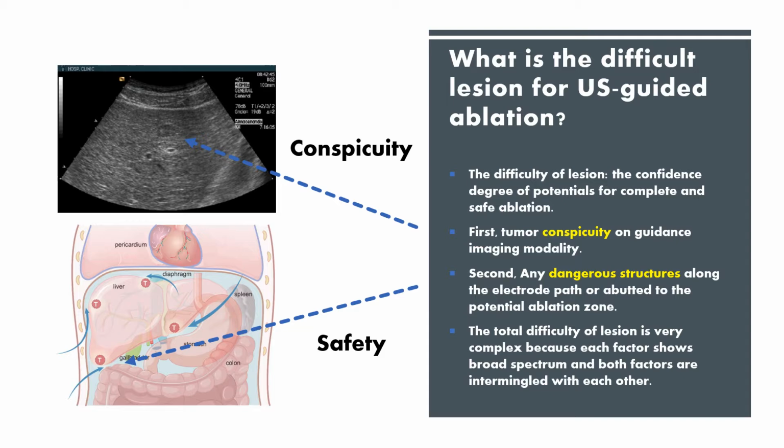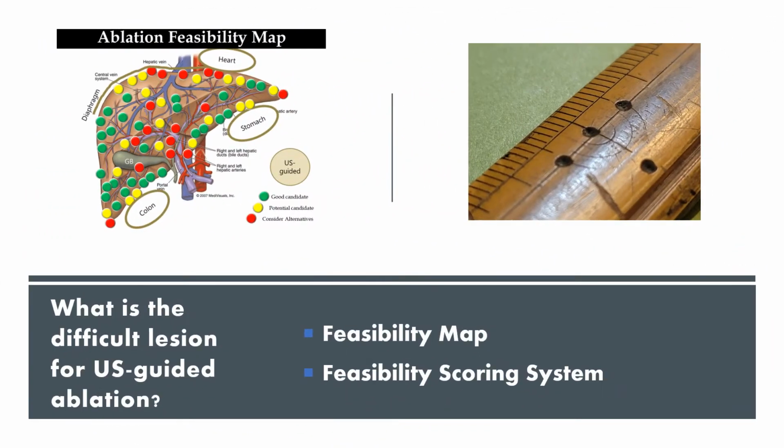The total difficulty of a lesion is very complex because each factor shows a broad spectrum and both factors are intermingled with each other. It is actually not so simple to accurately estimate the final difficulty after applying all the potential advanced techniques.